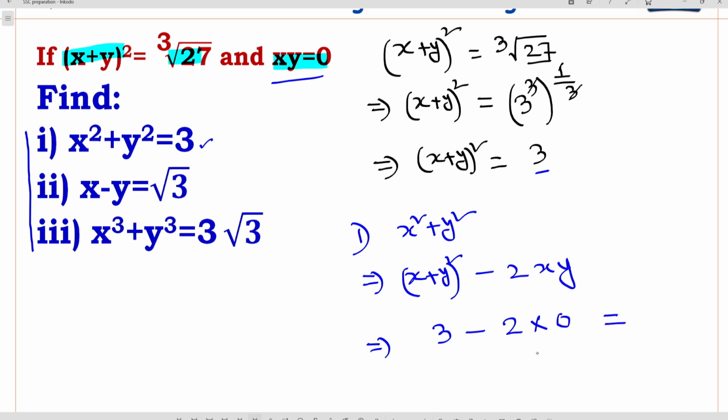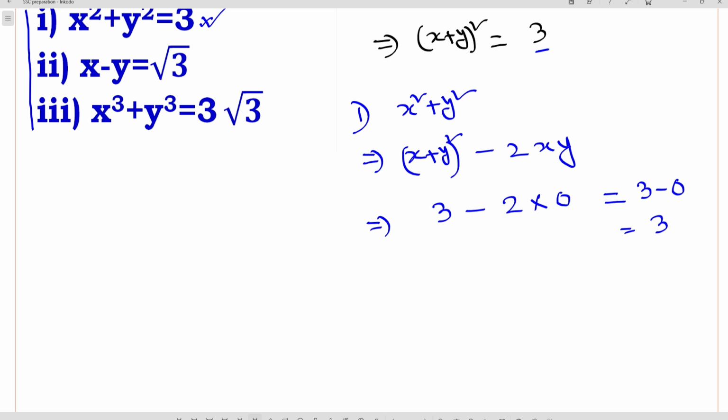So 3 minus 2 times 0, and 2 times 0 is 0, right? So 3 minus 0 is 3. So this statement is correct.